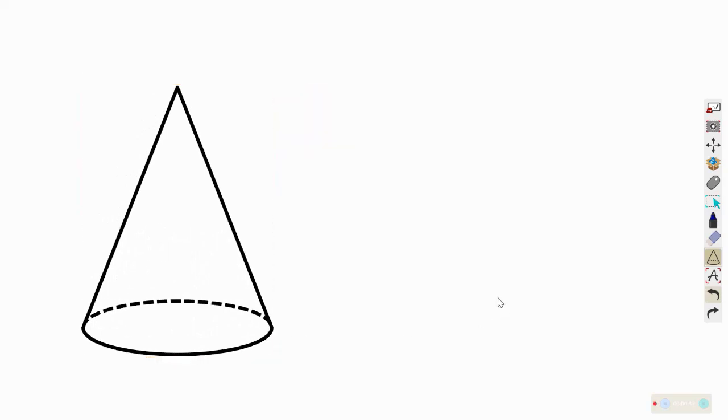So this is a cone, and if you are studying about a cone, you should first know about different terms related to a cone. The spelling of cone is C-O-N-E. Different terms related to a cone are very important because when we studied cube, cuboid, even cylinder, we had terms like height, length, breadth.